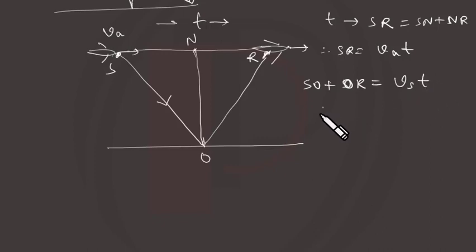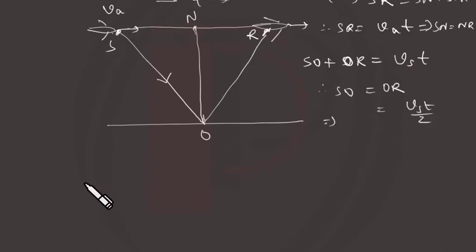Since SO equals OR, the same distance, and similarly SN equals NR, SO equals OR equals Vs t by 2.